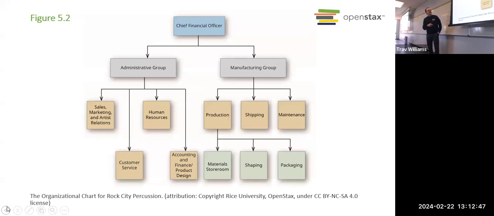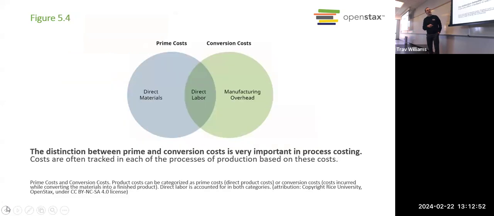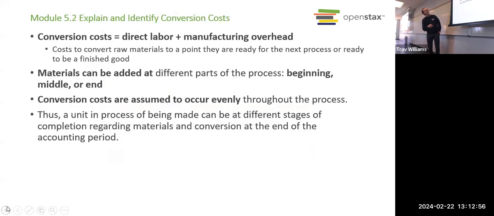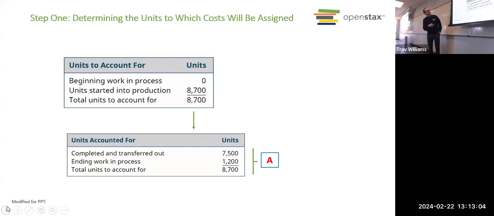Okay, let's see. We went through this example with the drumstick company. We talked about all of that. Okay, so these are the steps you go through. So with this drumstick company, we started off with these two formulas that, as you might recall, they both include units to account for, sometimes called units accounted for, but it's the same number in both formulas, right?